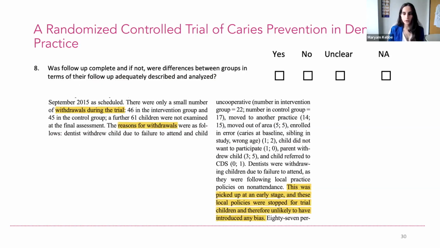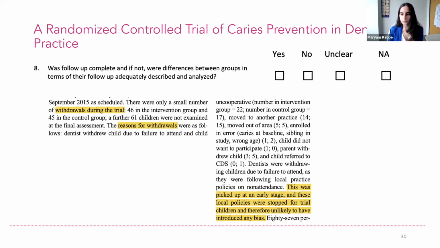So it's important to know more information about those who withdrew from the trial, not just in terms of the number of participants or the proportions of participants with incomplete data, but also the reasons for loss of follow-up, because even if the numbers and proportions of participants with incomplete data are similar or identical in the compared groups, the patterns or reasons for that withdrawal might be different based on the different groups.